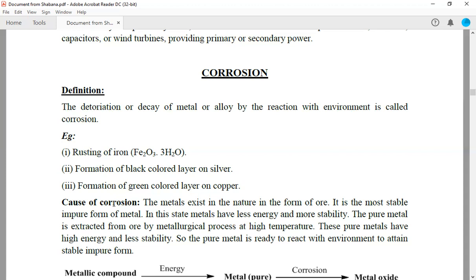The formation of a green film of carbonate on the surface of copper is known as the rusting of copper. The green color is due to the formation of the carbonate layer. And there is the formation of a black colored layer on silver.